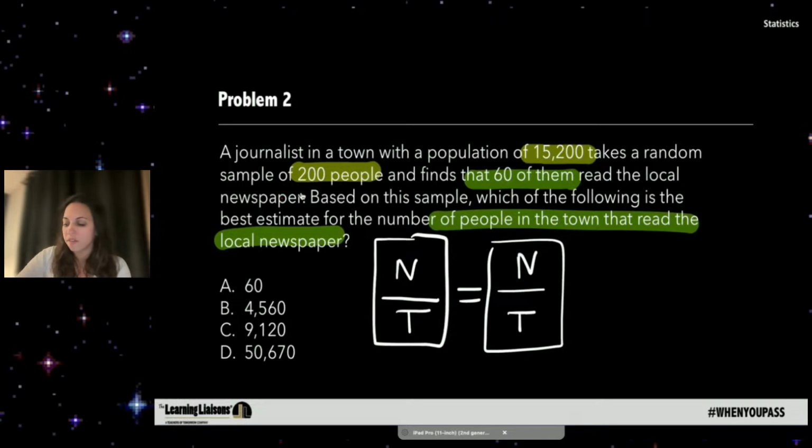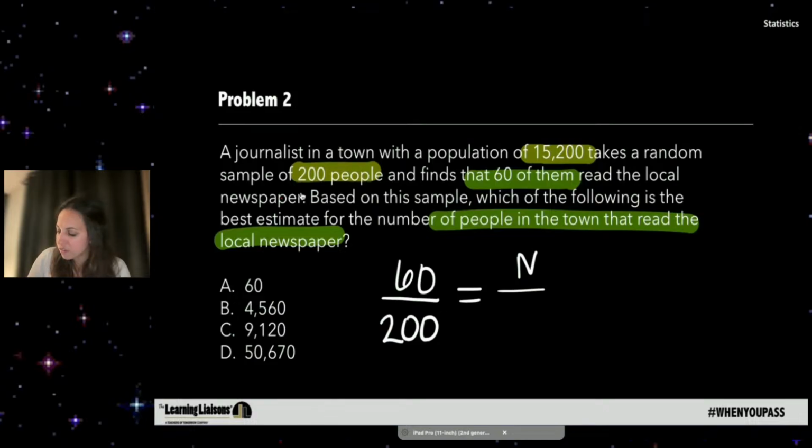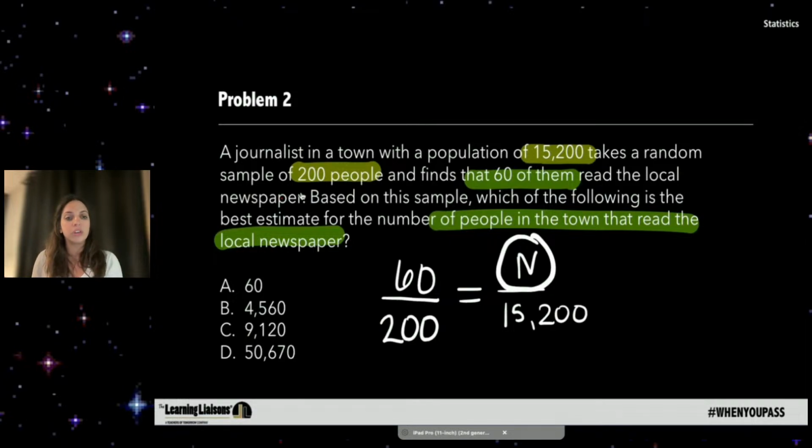Now, let's fill in those numbers. My newspaper readers in my sample are 60, and my total sample size is 200. My total population in my entire town is 15,200, and I'm looking for my number of newspaper readers.